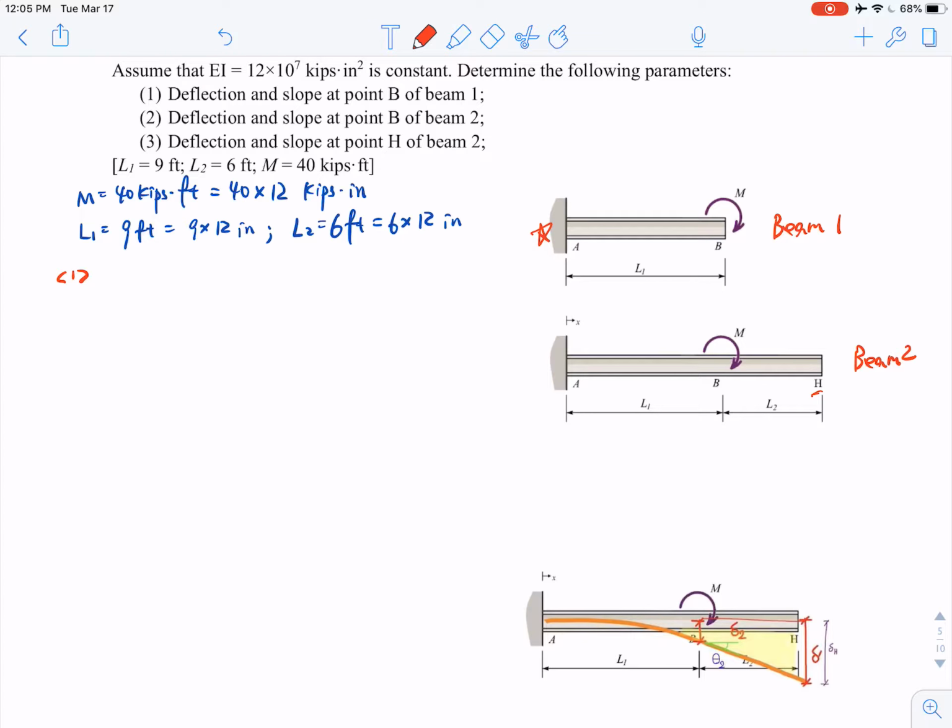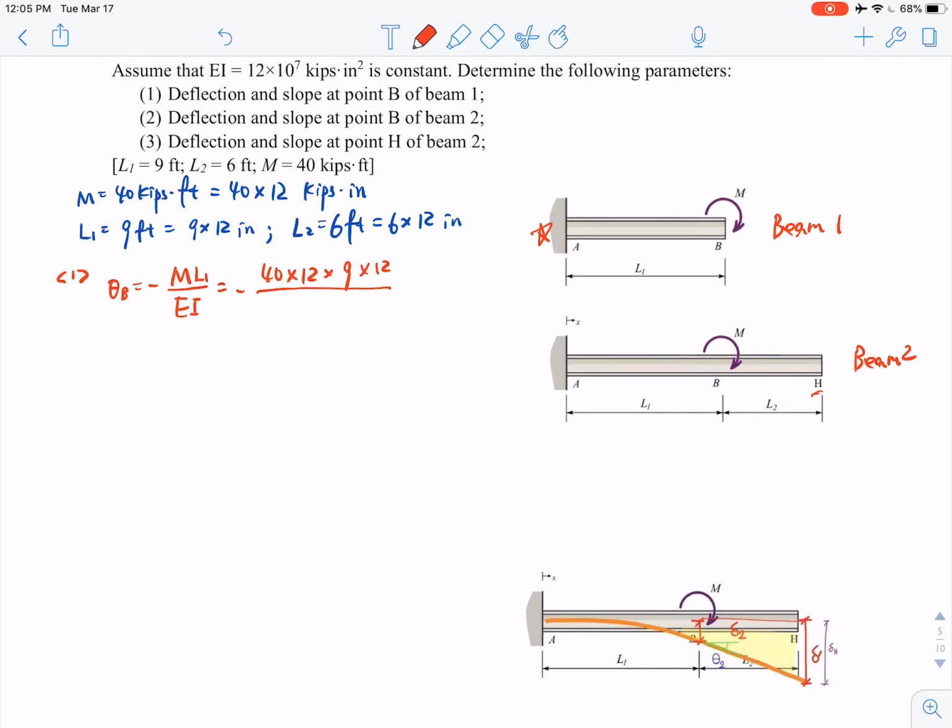Right. So just directly use these two equations, we can get the slope at point B is negative ML over EI. That is negative 40 by 12 by 9 by 12 over, and here the L is L1, right, as indicated here.